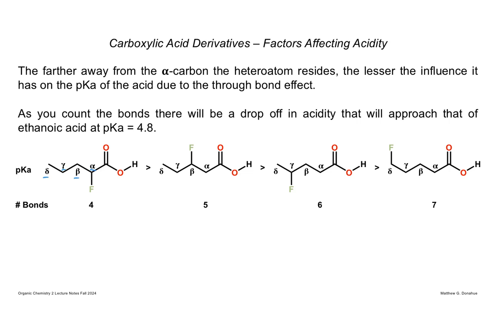Unfortunately, I don't have the actual pKa values for this. But essentially, by the time you get to the last one on the right here, when fluorine is at the delta position, that's essentially the same pKa as acetic acid. The tug of war effect: the farther you move away, the lesser it is.